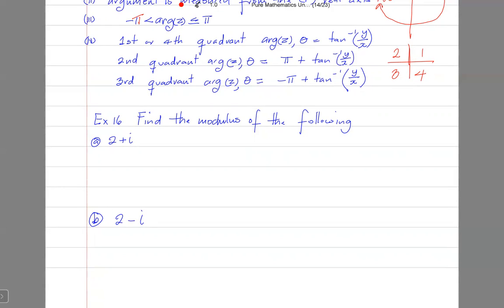Now, in the second and third quadrant, if you use the calculator, it will not give you the correct answer. So you have to put pi and negative pi before it, plus tan inverse, in order to get the answer.